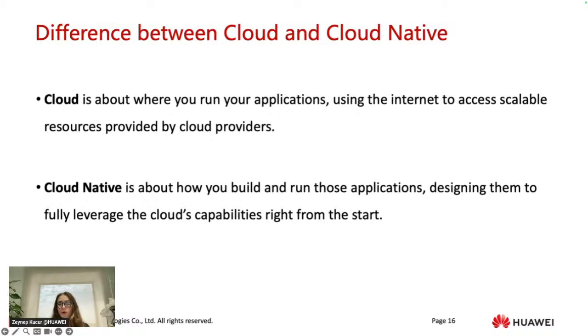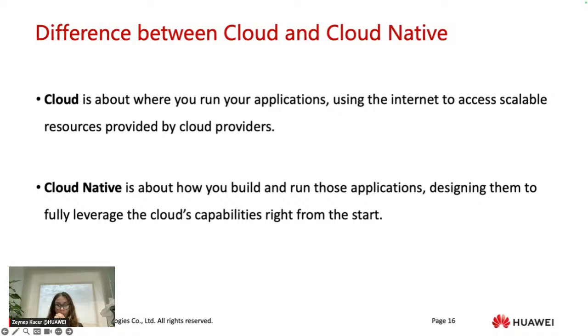This is a shared pool of resources, and we deliver it to you as cloud providers. This allows businesses to access and scale their resources whenever they need them. When we mention the cloud, we are usually referring to services provided by companies like Huawei Cloud. And businesses often move their existing applications to the cloud to take advantage of these flexible on-demand resources.